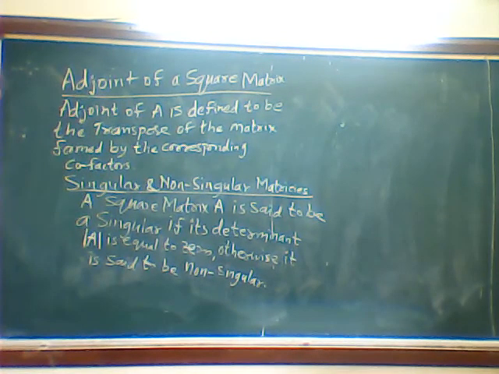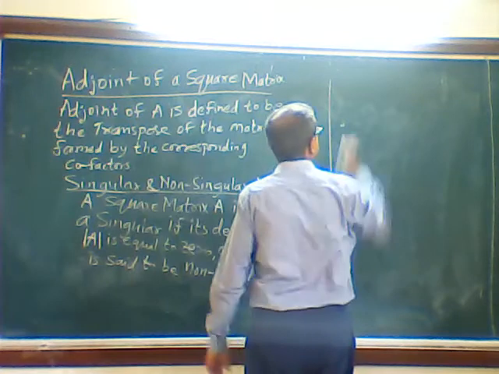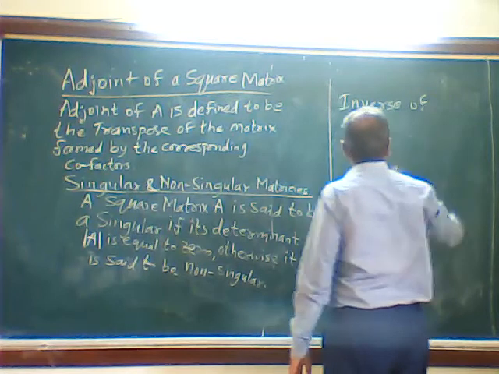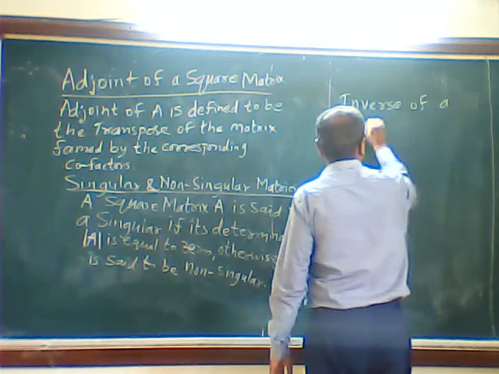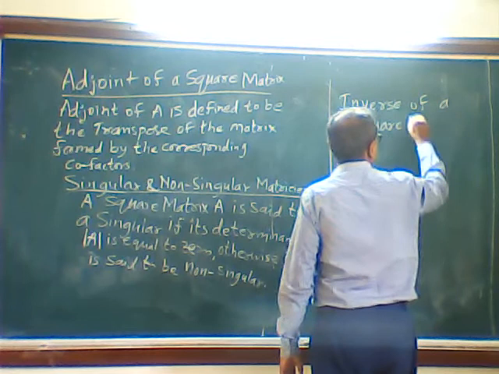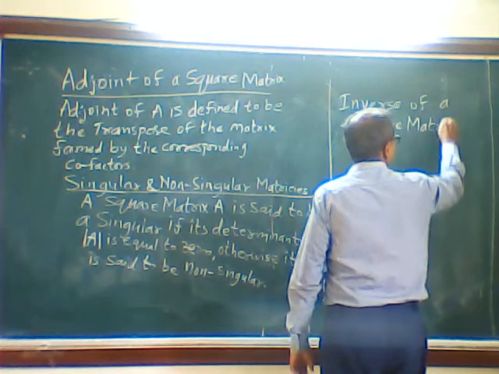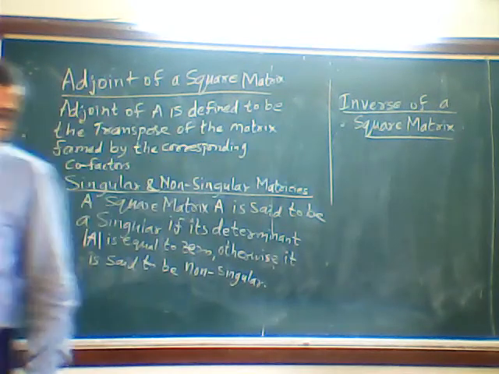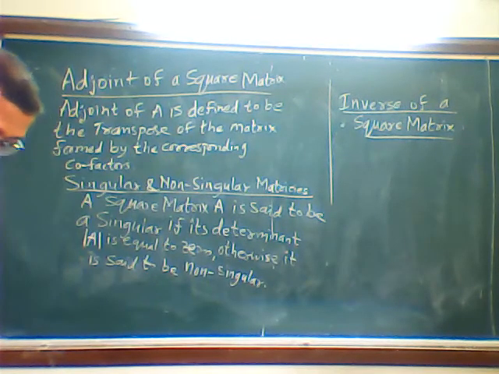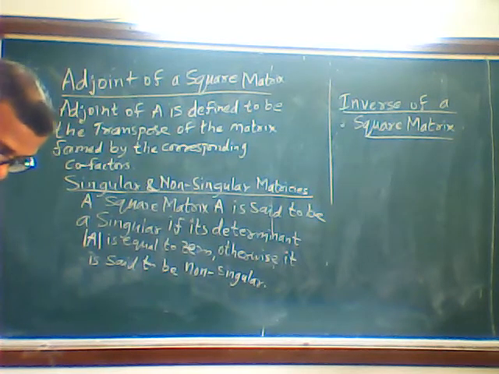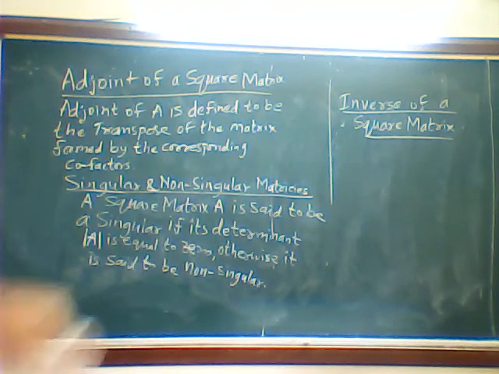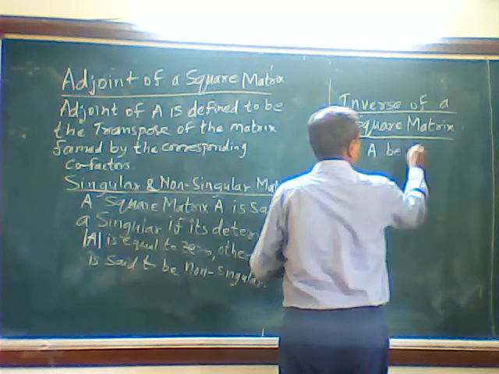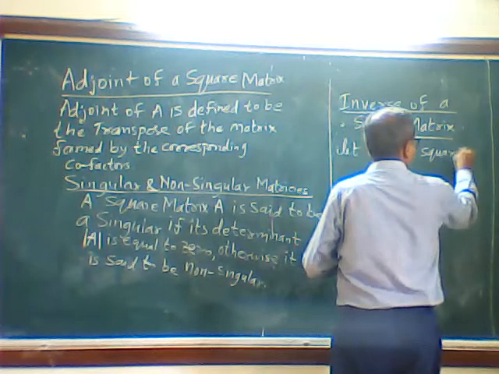Next is inverse of a square matrix. So let A be a square matrix.